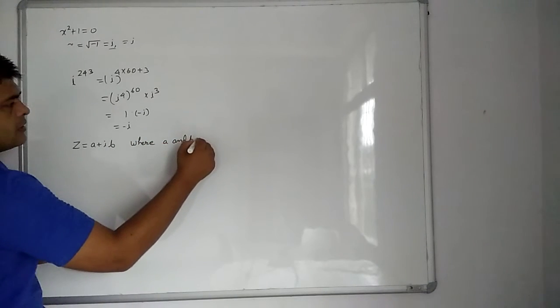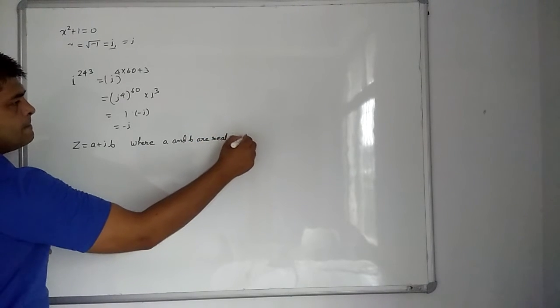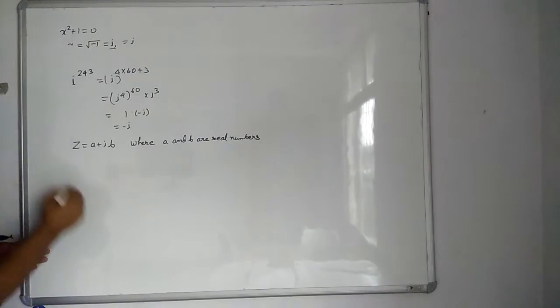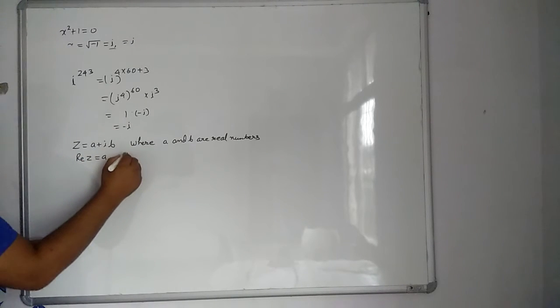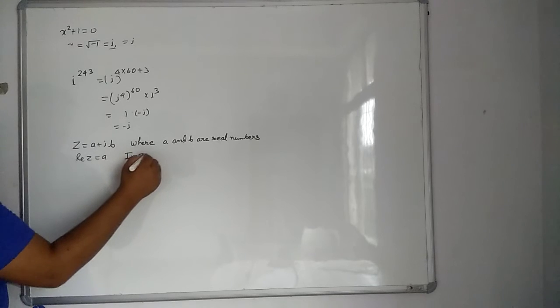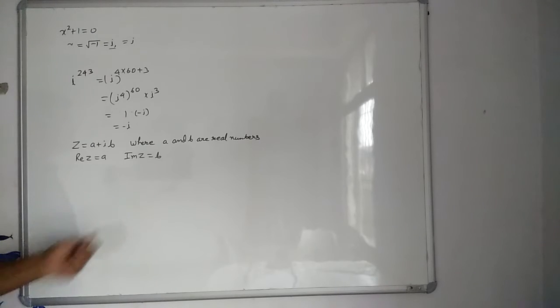Here the real part of z is a, and the imaginary part of z is b. So this is the introduction of complex numbers, and hence our chapter is Complex Numbers and Quadratic Equations.